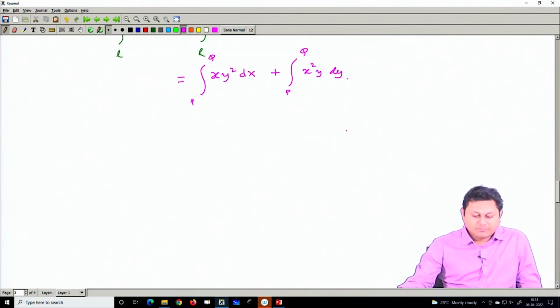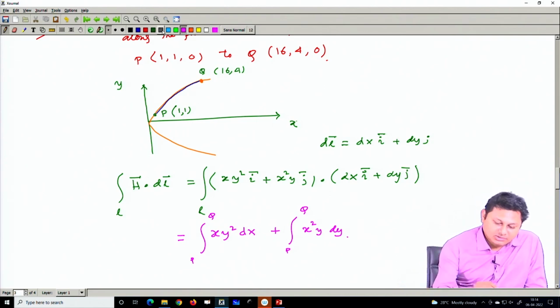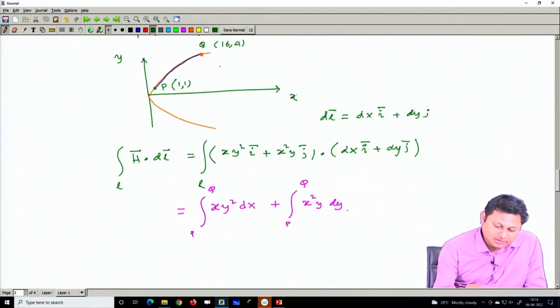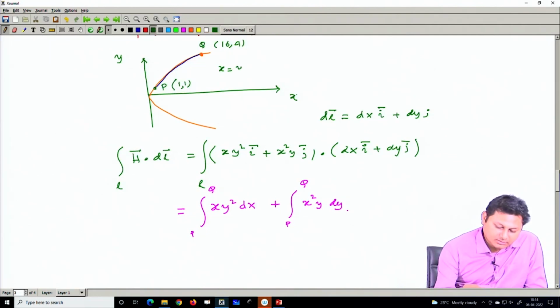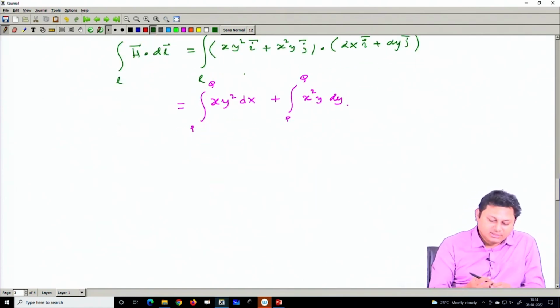Now, please note that over this line we have a relation, which is already given: x equal to y square. This is the way x and y are related over this line, and we are going to use that.